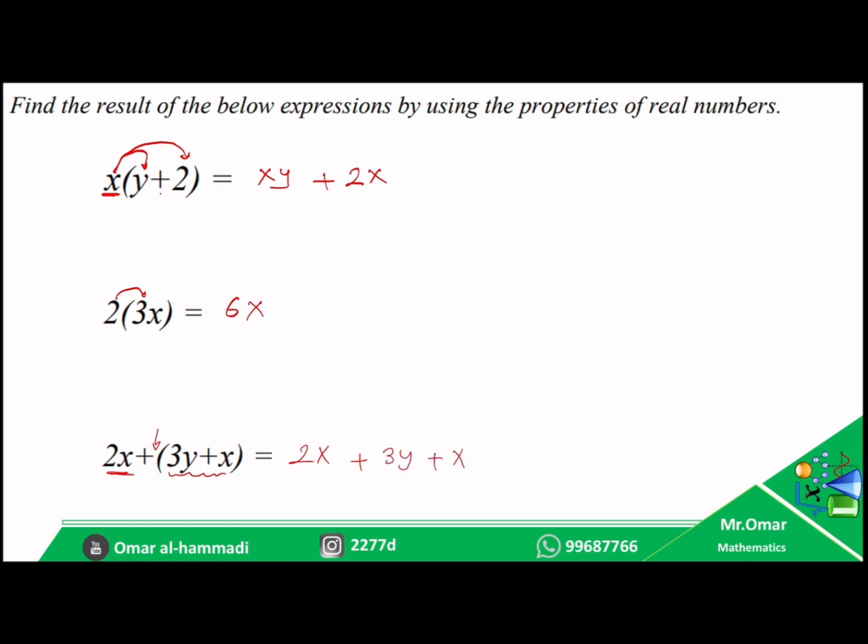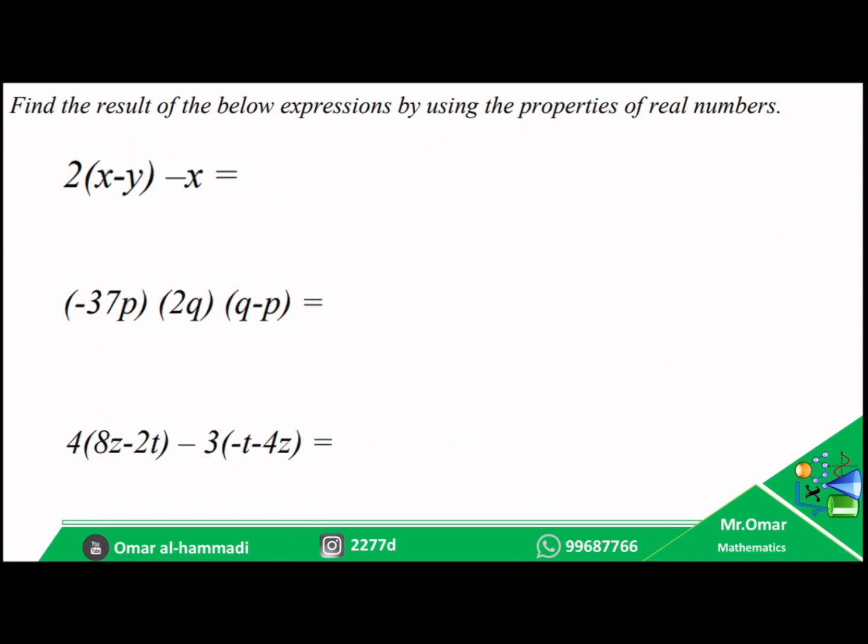So now we have the same variable, 2x and x. 2x plus x will give us 3x. And this is the same, 3y. And that's it, this is the result.